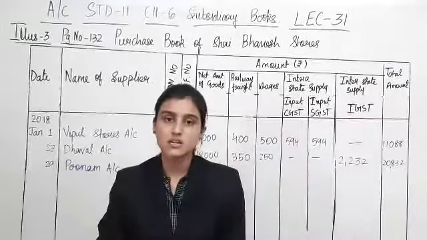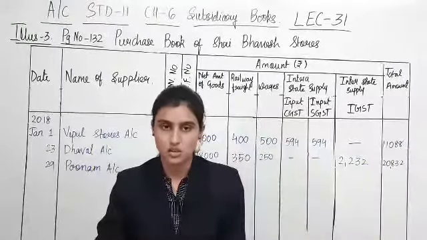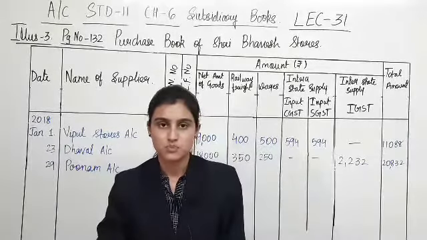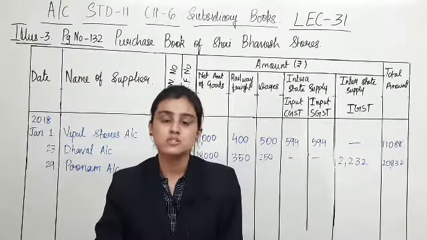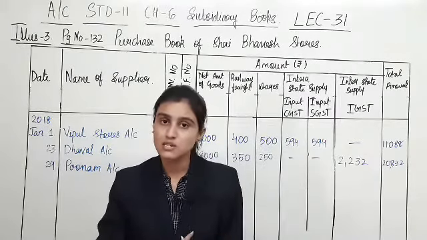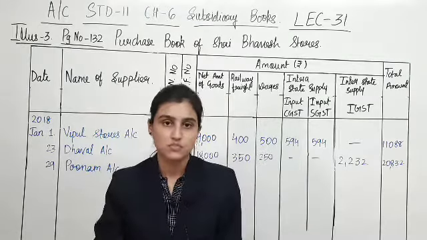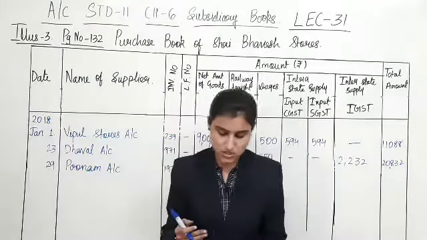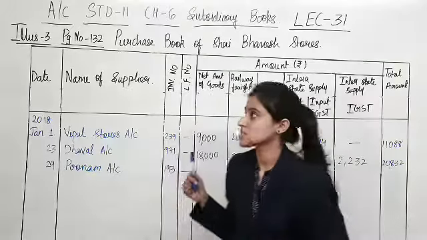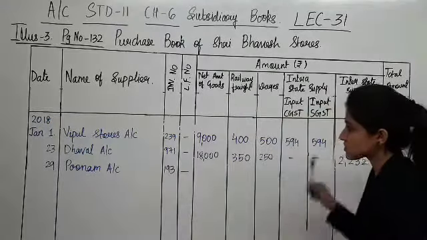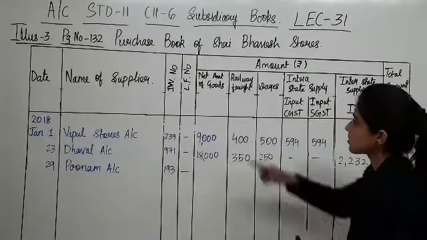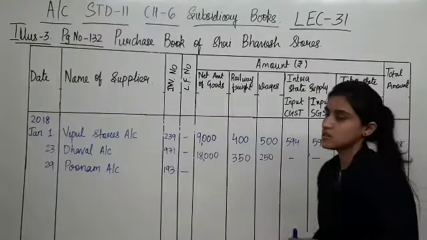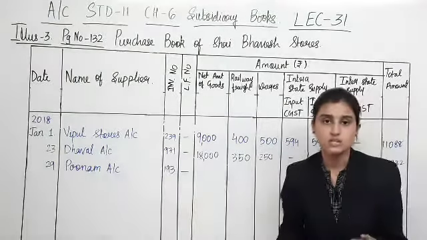Goods of rupees 8,000 at 10% trade discount and cash discount. Firstly, you are supposed to decide whether you will calculate cash discount or not. Of course, you are not going to calculate cash discount because this is a subsidiary book of goods, and in this you are recording net amount of goods after deducting trade discount only.